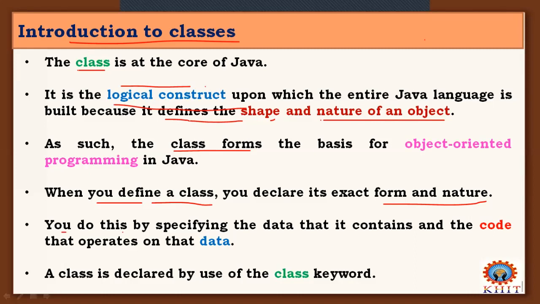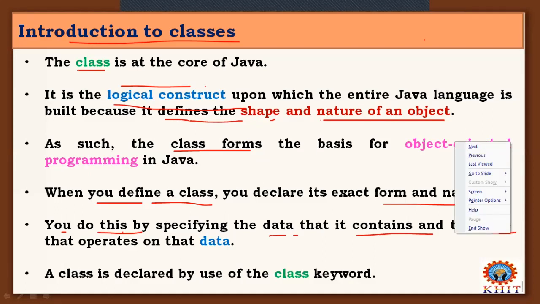So you can do this by specifying the data that it contains. The class gives the shape and nature of the object, and you can specify some data related to the object, and we can also give some code that operates on that data.